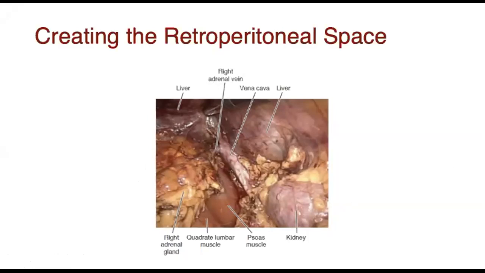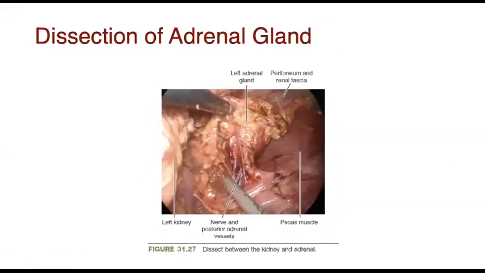Once the peritoneum is fully mobilized, the vena cava, as seen in the picture, or the aorta can be visualized depending on the side. For the dissection, again, we're talking about open surgery, but this picture is a better view laparoscopically. On the right side, dissection typically starts with the division of the peritoneal layer overlying the vena cava along the medial border of the gland.